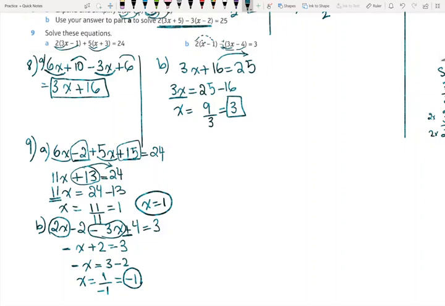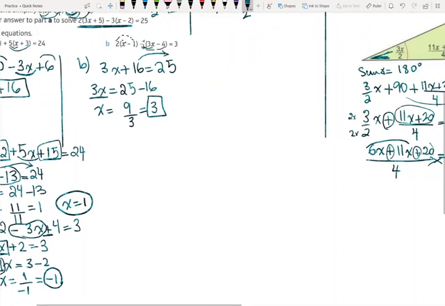Collecting like terms, 2x minus 3x is minus x, and minus 2 plus 4 is plus 2, which is equal to 3. You take the 2 to the other side, or you subtract 2 from both sides, you're going to get minus x equals 3 minus 2, which is equal to 1 over minus 1. Be careful when you're dividing, you have to divide with all of the coefficient including the minus, which is equal to minus 1.